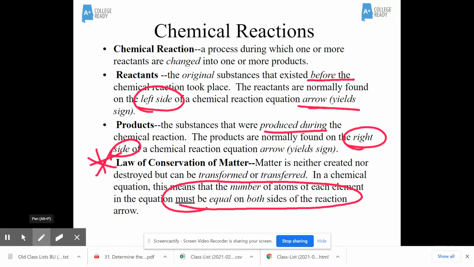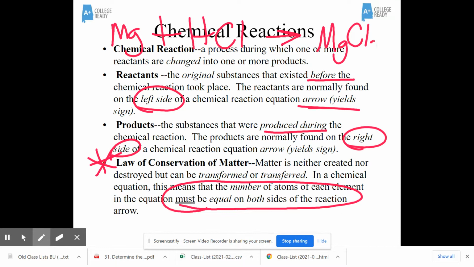In our empirical formula lab, we had magnesium and HCl. So on the other side of that equation, I better have magnesium, hydrogen, and chlorine. They can be in a different form, but all three better be there. And they were: you made magnesium chloride and you made hydrogen.